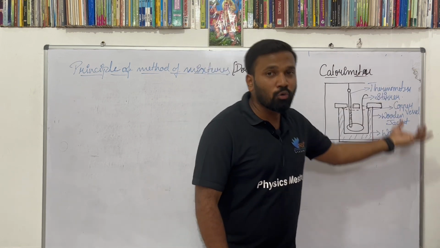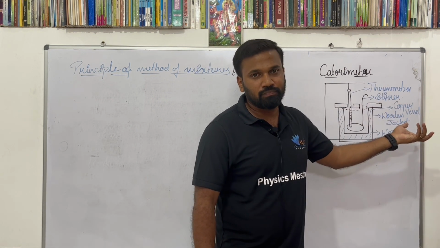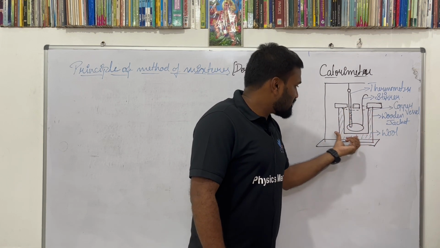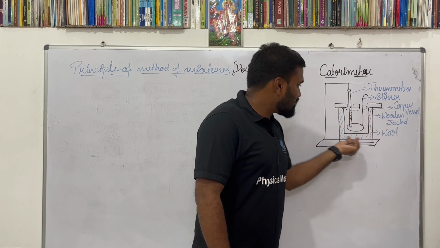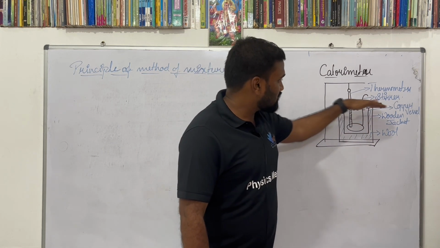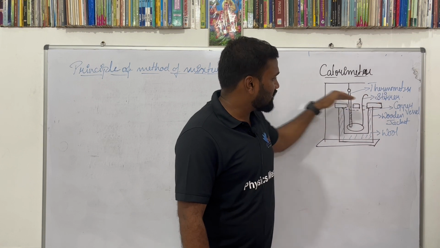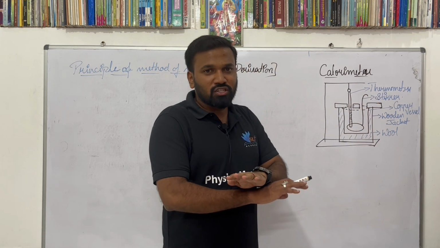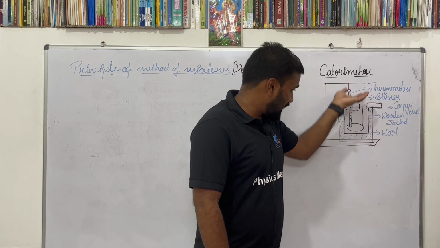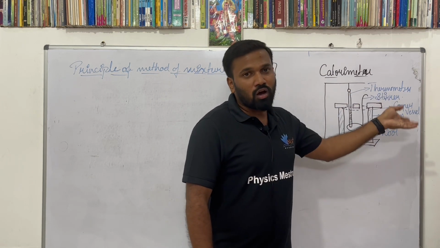It should not go out of the device. To make that happen, we take the help of some substances. Upon this there is a rubber cork, and everything has been insulated. There is no chance of escape of heat energy from the substance inside to the outer atmosphere.